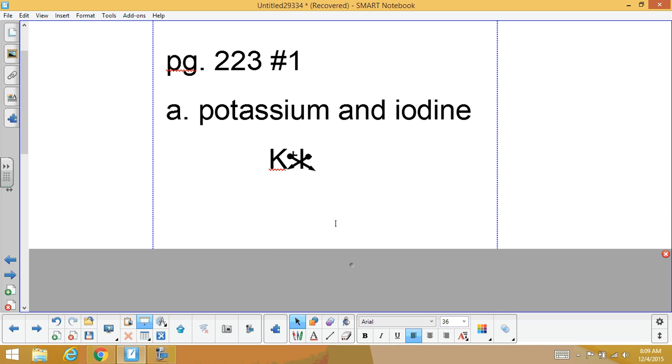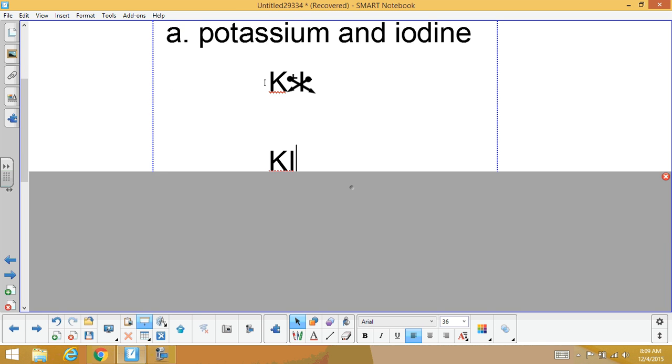The final compound formula is KI. Since it's 1 and 1, remember we don't worry about the charges once we switch them down to subscripts. It's absolute value. So it's KI, or if you wanted to write K1, I1, that would work as well. So that's potassium and iodine when we combine it.